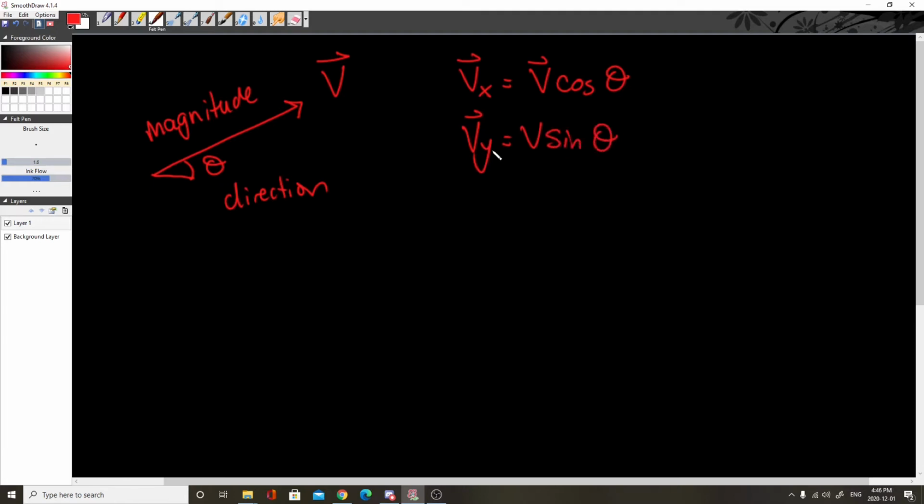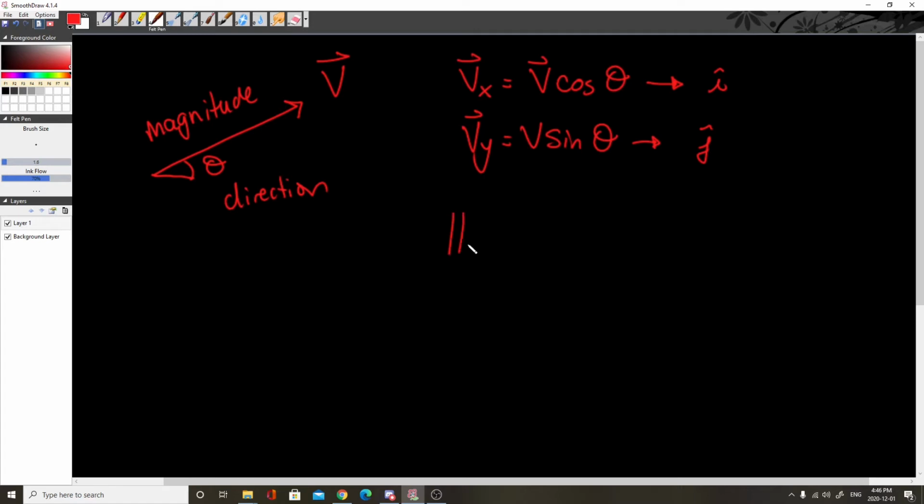Now these also correspond to your unit vectors. The Vx corresponds to your i unit vector, and the Vy corresponds to your j unit vector. Now we can also go backwards from these two sets, back to the magnitude and the direction form of the vector.